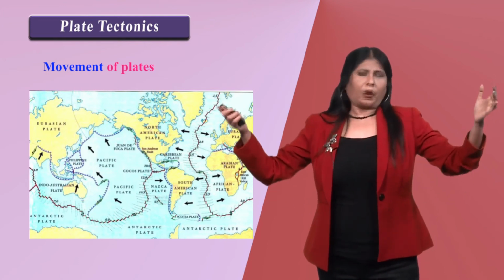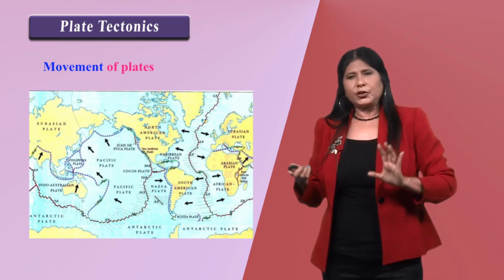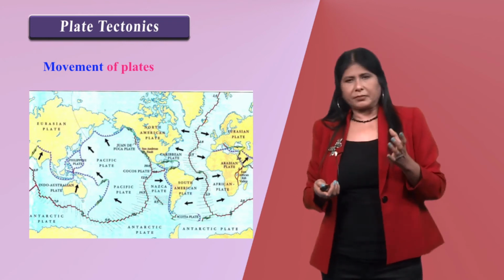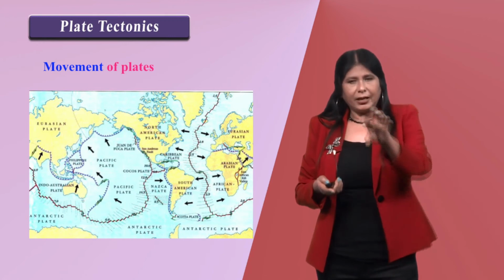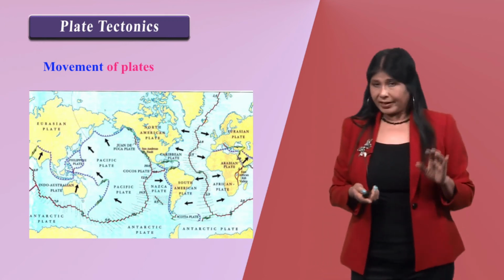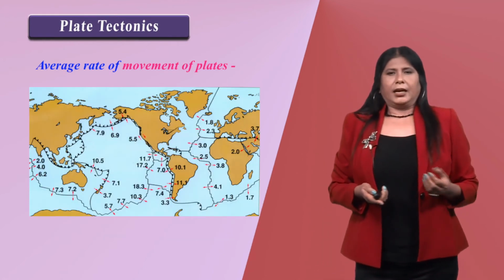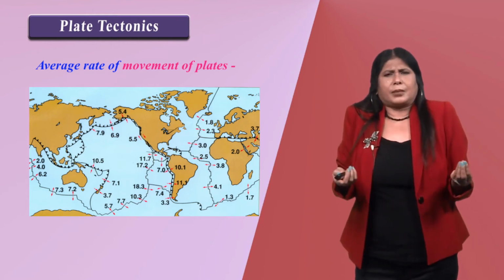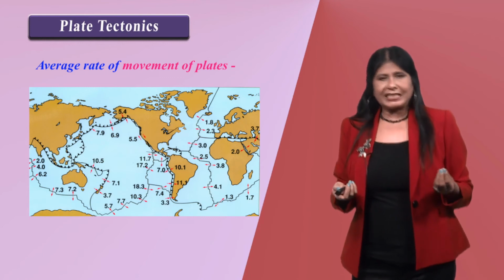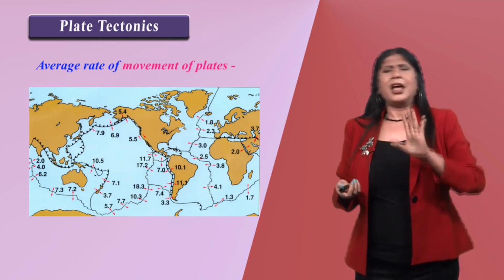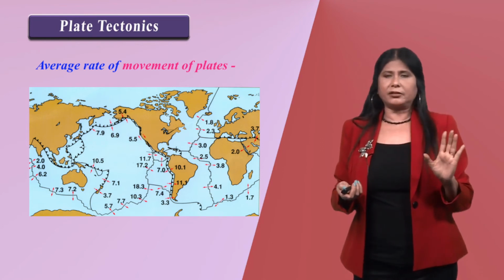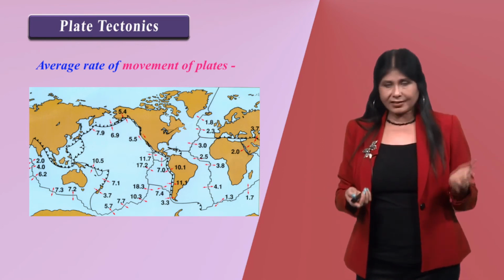Even if it is a whole block, each part does not have the same speed, which creates a lot of tension and breaks it up, creating smaller plates. The highest speed sometimes goes up to about 15 centimeters, but by and large 5 to 6 centimeters a year is the average rate of movement of the plates.